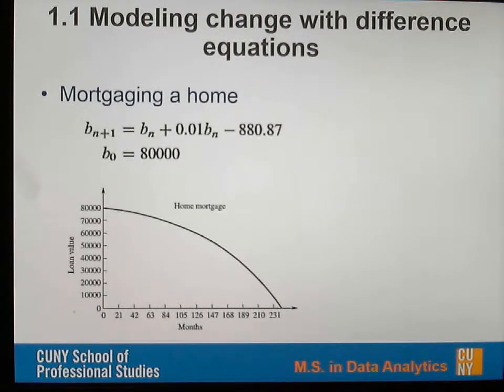This is an example: when we apply for a mortgage for a home, we could model the problem as bn plus 1 equals bn plus 0.01 bn minus a constant, with b0 starting from the initial loan.